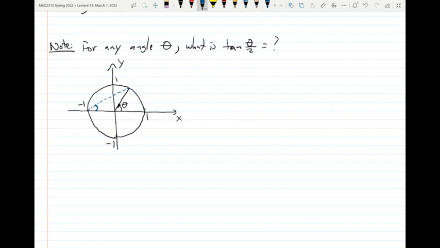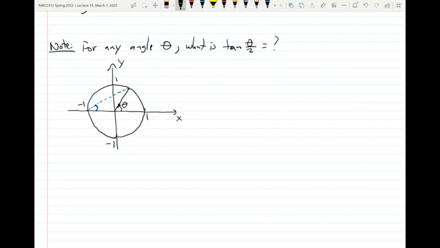There is a theorem that you learned back in high school geometry about this angle. This angle is going to be half of its corresponding central angle. This is called an inscribed angle because it shares the same arc as the corresponding central angle, theta. It's actually half of it.